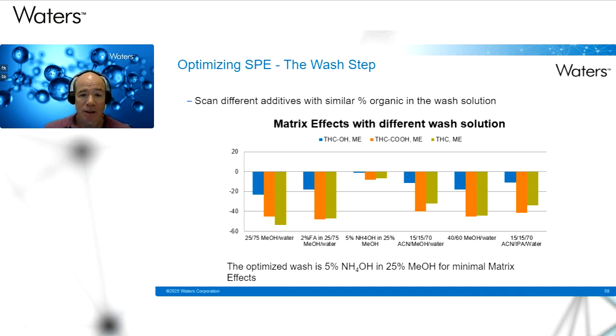We've added acid, we've added base, and we found that of all of these, the one in the middle, the wash with 5% ammonia and 5% methanol, really helped clean up the sample. For whatever reason, it gave us minimal matrix effects. And so that's the one we went with for the final method.